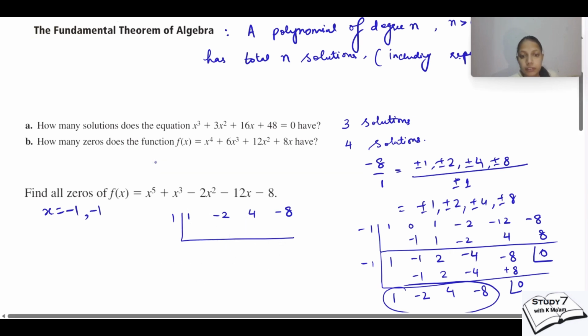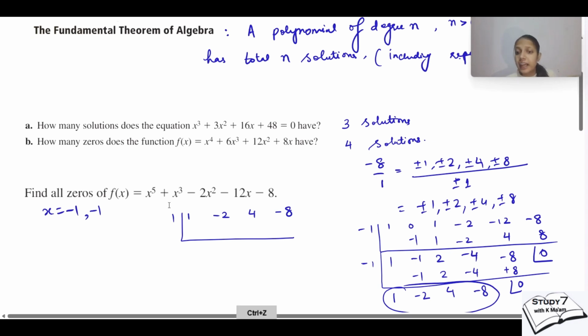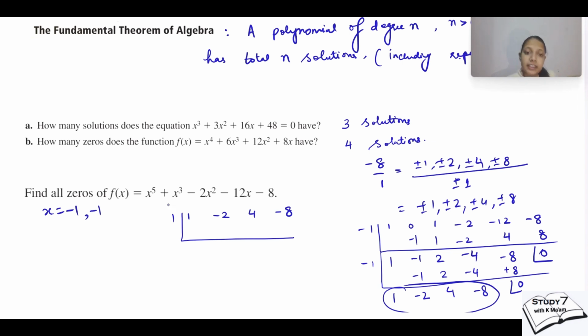So positive 1 is not a solution, because if positive 1 were a solution, it must have satisfied at the starting. When I checked 1, it must have satisfied. If it's not satisfied at the starting, you don't need to check that factor again. 1 is done, negative 1 is done.